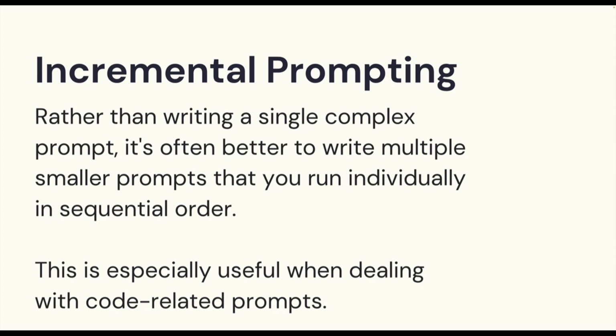It can take these complex prompts and handle everything at once. Instead of doing that, it generally works better and gives you better results if you split the tasks up into smaller pieces. So first, write me an outline. Second, write me a title for this blog post. Third, use this outline and this title, write the actual blog post.